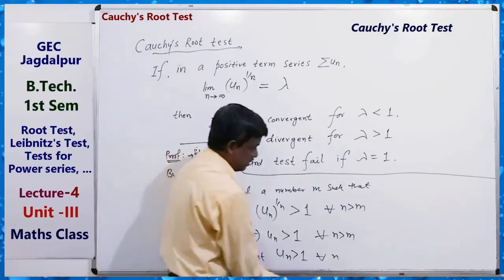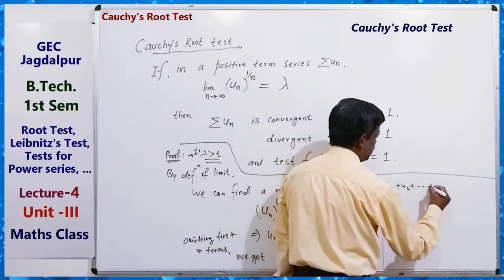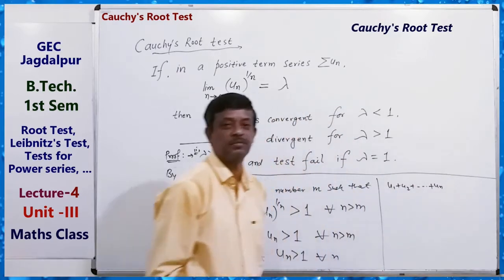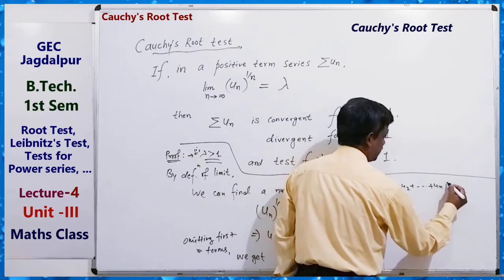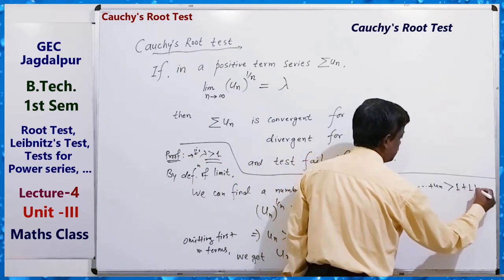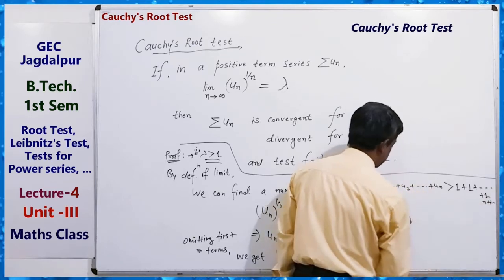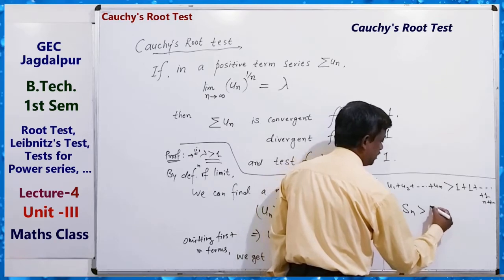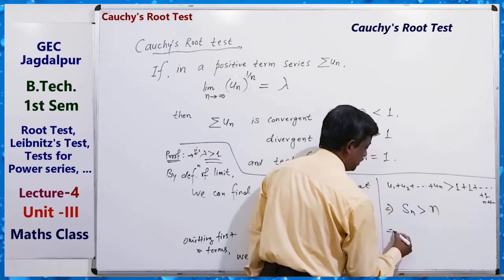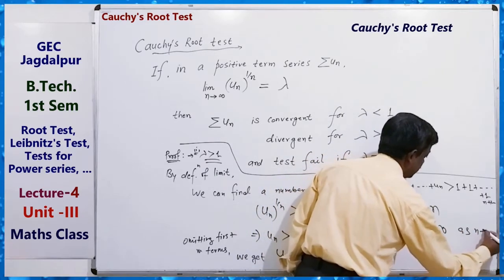So this implies the partial sum of the series is greater than 1 plus 1 plus up to 1, n times. That is, Sn is greater than n, which implies Sn tends to infinity as n tends to infinity.